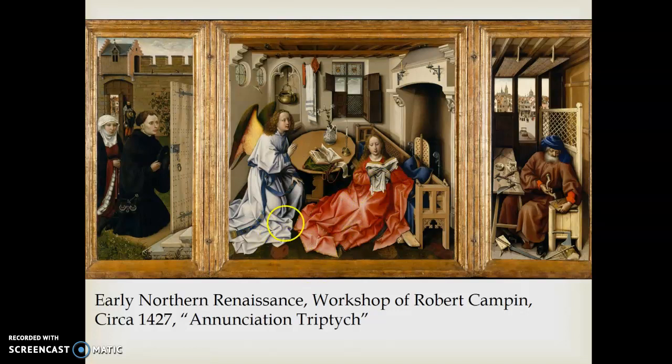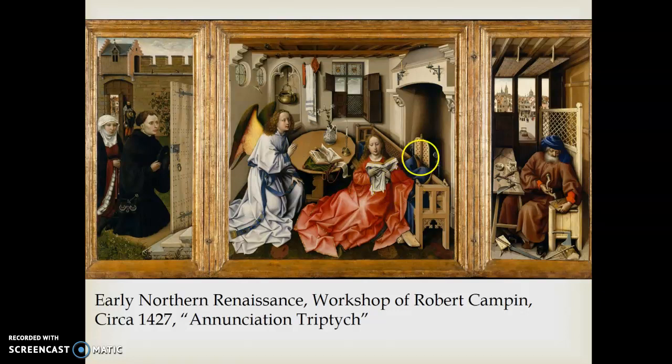But this is the scene where she's actually told that she will be giving birth to this divine figure, and we can see that because through the window is this flying angel with a cross, who is about to declare to Mary what her new role is going to be.